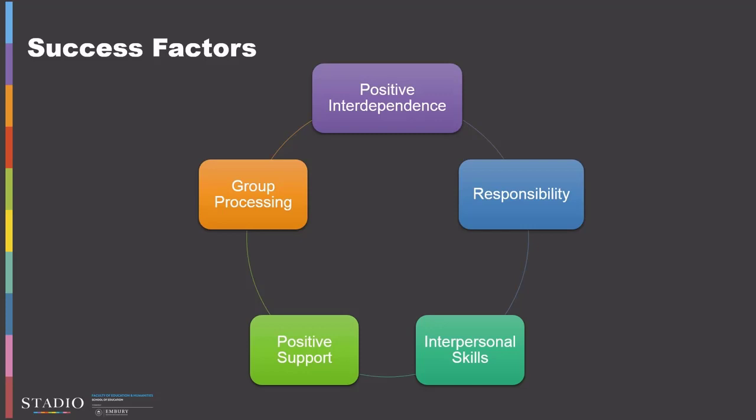The first one that you see on your screen there, positive interdependence. Positive interdependence refers to the autonomy of each student and the success and the resources and the skills that they bring in on their own in a group situation.